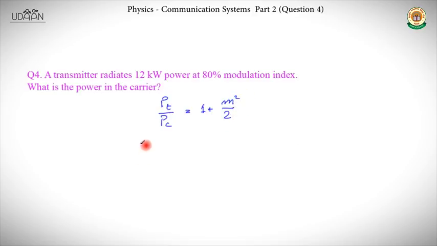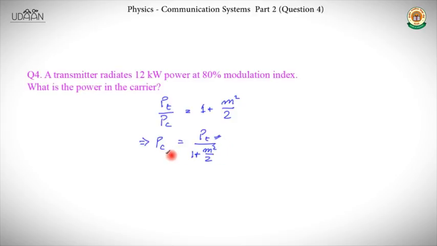So with some simplifications and just taking it to the other side, you get PC equals PT divided by 1 plus m square by 2. Here you can basically substitute, because the total power, or the transmitter radiated power, is given, and the modulation index.